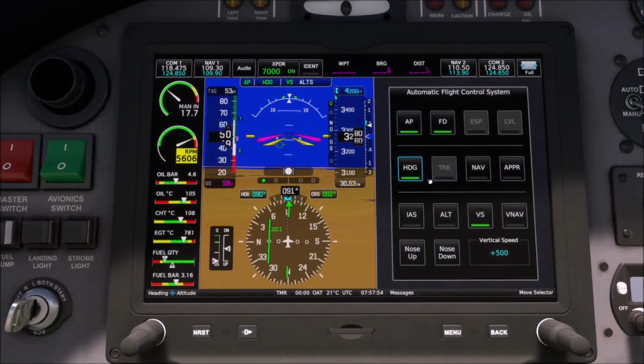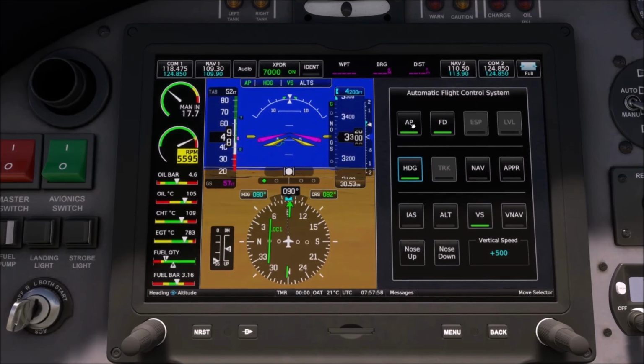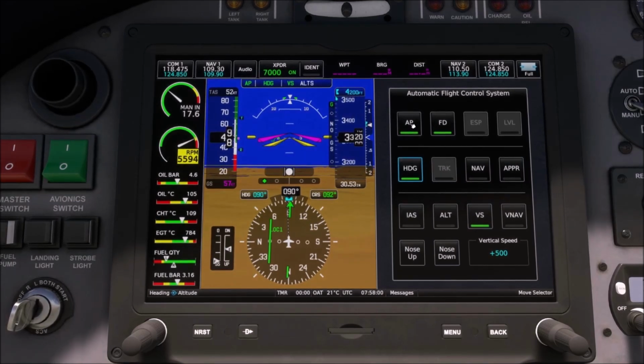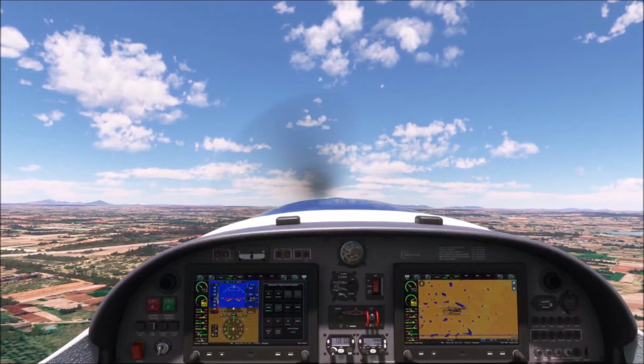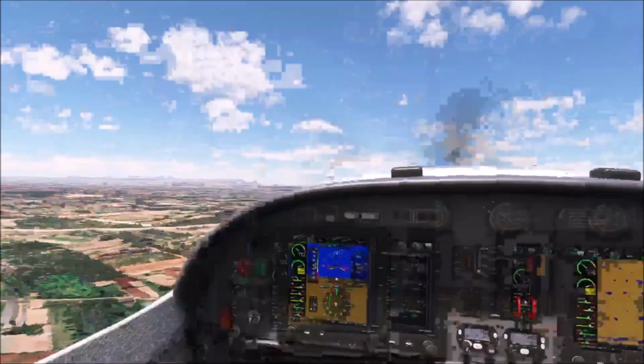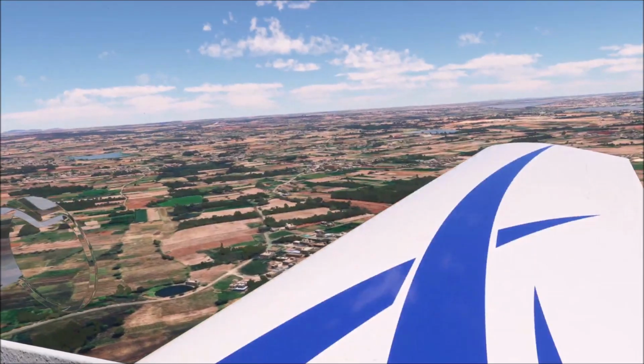And as you see, we are on heading mode. Autopilot is engaged, and we're climbing at 4,200 feet. I press B to correct my elevation. My new camera setup for the JMB VL-3.